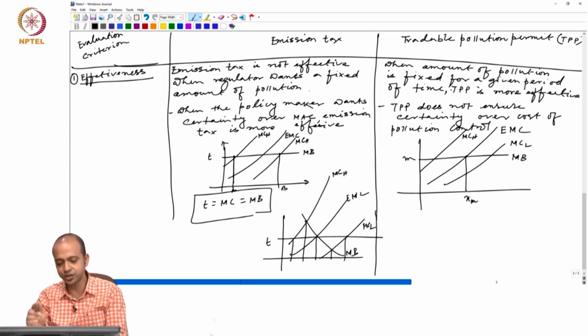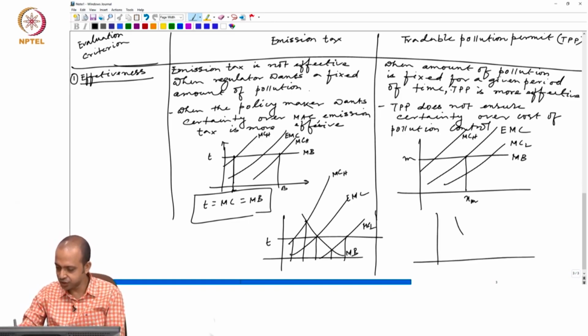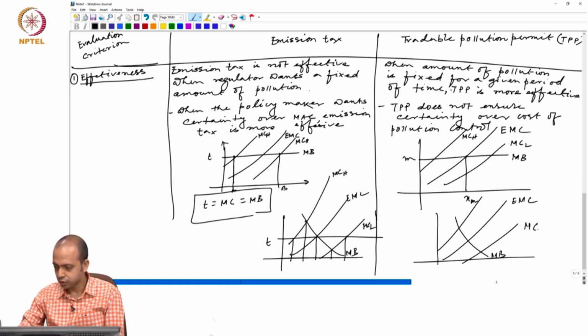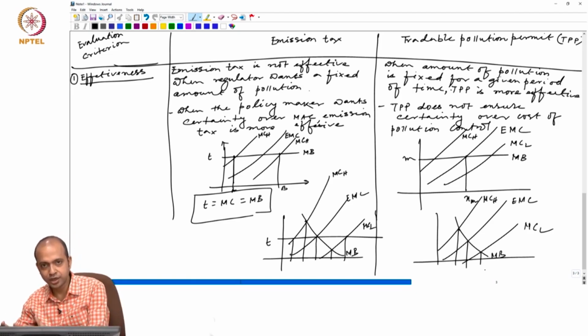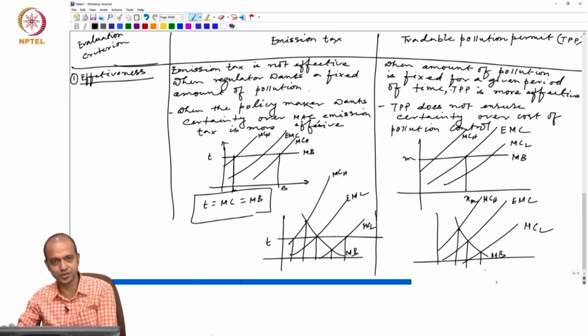So, there would be a divergence. However, in this case, when MB is a steep straight line and this is the expected marginal cost, MC low and MC high, we say that the effectiveness of tradable pollution permit increases when marginal benefit is a steep straight line. So, these are alternative cases.